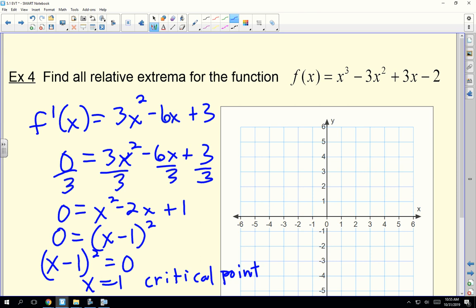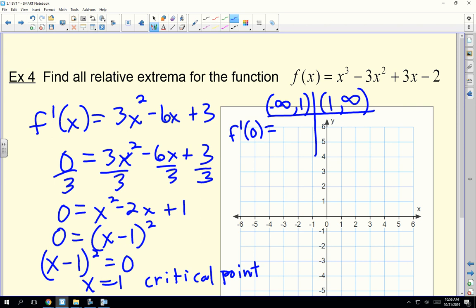So if I think of it like this, we've got negative infinity up to 1, and then we've got 1 to infinity. And so this is kind of a precursor to the next lesson. A good test point in here might be 0. If I test f prime of 0, what do I get here? Does that give me a positive or negative here?